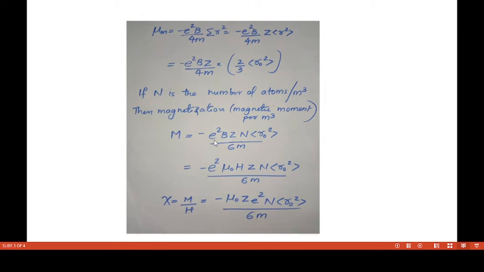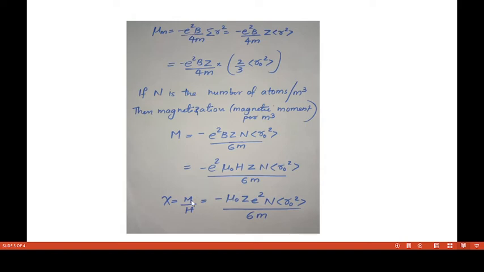So, minus e square B Z N times average of r naught square upon 6m will give the magnetization. Now, B can be written as mu naught H, and using this, minus e square mu naught H Z N average of r naught square upon 6m.